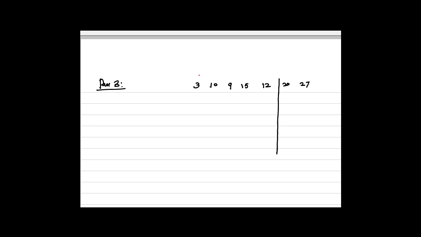So the index over here is: for 3 it is 0, for 10 it is 1, for 9 it is 2, for 15 it is 3, for 12 it is 4, for 20 it is 5 and for 27 the index is 6. For I equal to 0, it checks whether 3 is greater than 10. If it is true, the exchange will take place. If it is false, there is no exchange. So we have the numbers retained as such. We don't have any change.